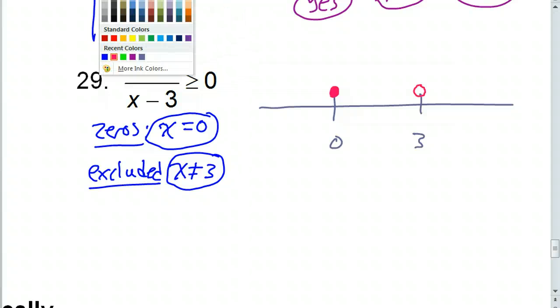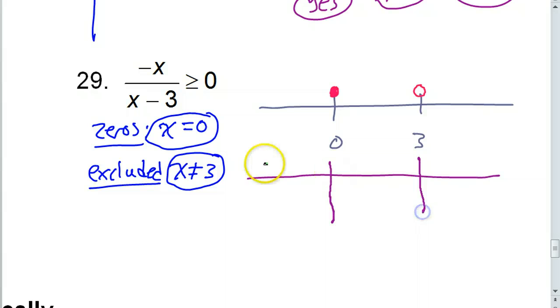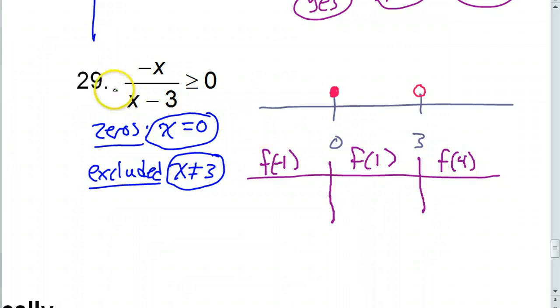Now it's time to do some test values, one for each zone. In this zone, I'm going to check out the value of the function at -1. In this zone, I'll do the value of the function at +1. And here, I'll check out the value of the function at 4.